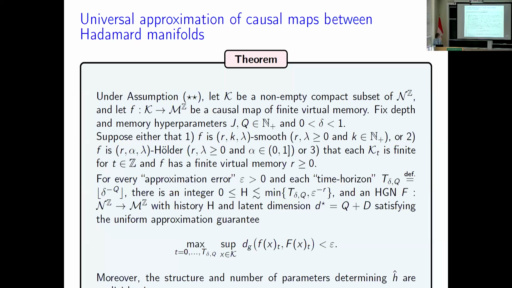I didn't put the explicit form for the parameters, but in the paper you can find the table with the precise dependence on the parameters of the layers, hidden layers and hidden neurons of the architectures.